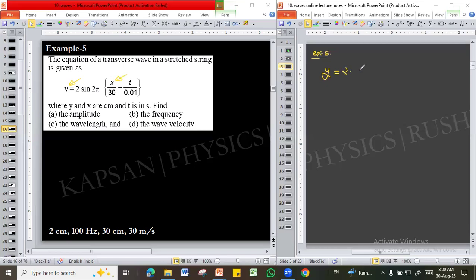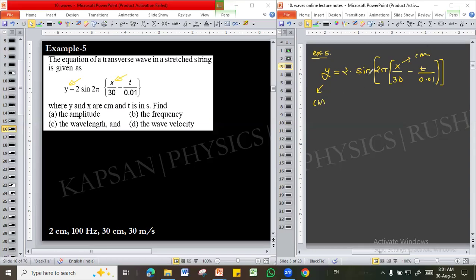Y is given as 2 sin, they have taken 2 pi common, 2 pi (x by 30 minus t upon 0.01), something like this, where y and x are in centimeter.